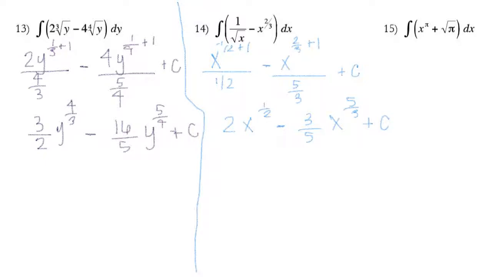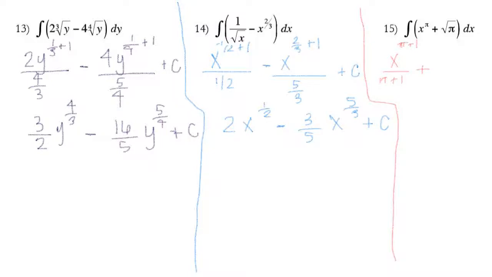We can do this. Okay, and of course for number 15, they're going to throw pi in here. And again, when they throw pi at you, get a fork and eat. No. You're going to go through and treat it just like you would any other number. So really this is x to the pi plus 1 over pi plus 1. And then plus, well, that's square root of pi. All of that's still a number.